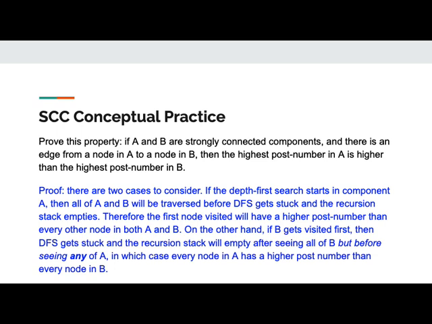So we have to pick something unvisited, which has to be in A. Therefore, everything in A starts from a new pre-number and post number, so the post number in A is higher than the highest post number in B. Is that clear? Okay. Any questions? Yes?